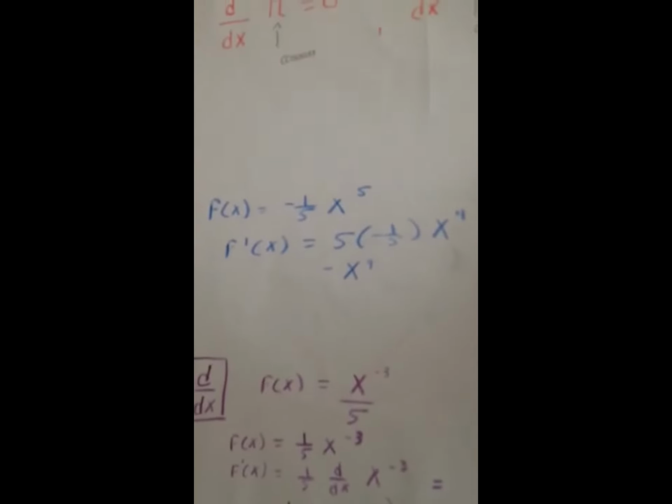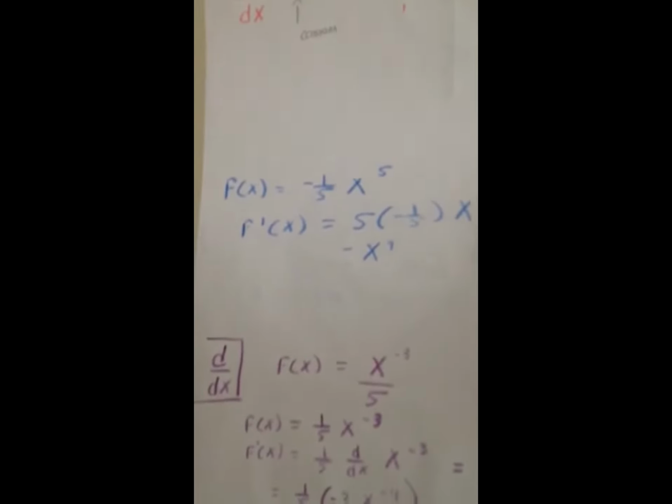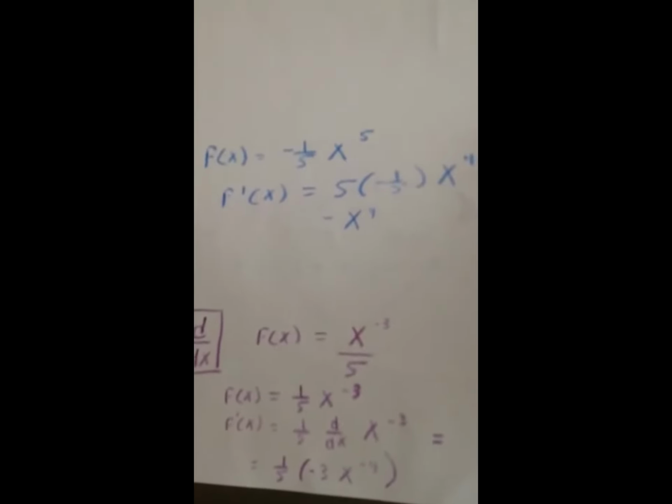Power rule. We know to use the power rule when x is raised to an exponent. So basically we have this example right here: f of x is equal to negative 1 over 5 times x to the 5th. That's a power rule right there.